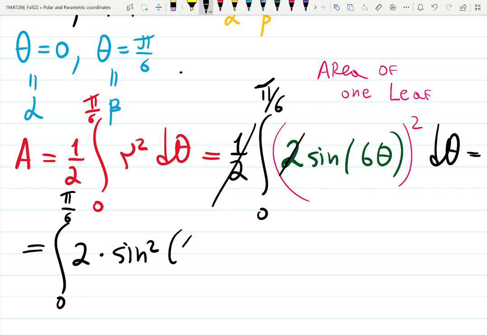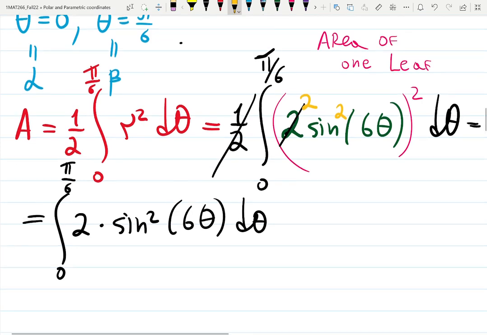Sine squared 6 theta d theta. So what I did is 2 should be squared and sine should be squared. Then 1/2 nicely simplifies, not cancels out, with 4. Actually, you don't have to do it. To be honest, I just realized that if you don't do it, the formula becomes easier.